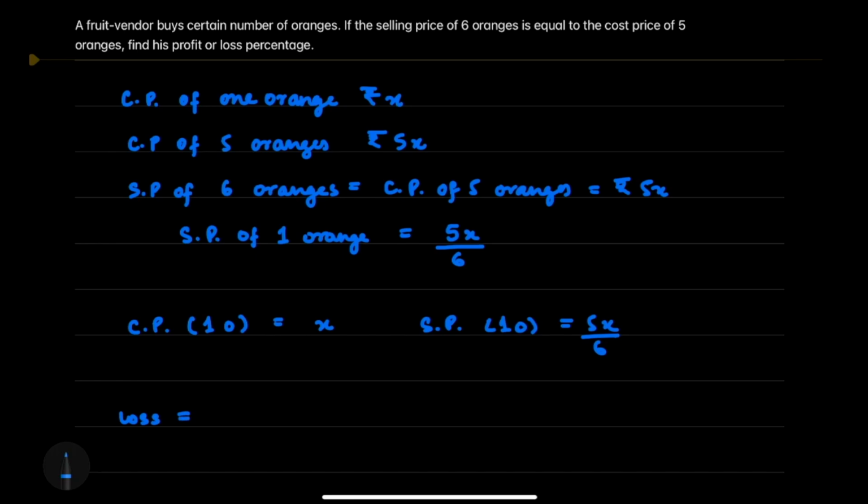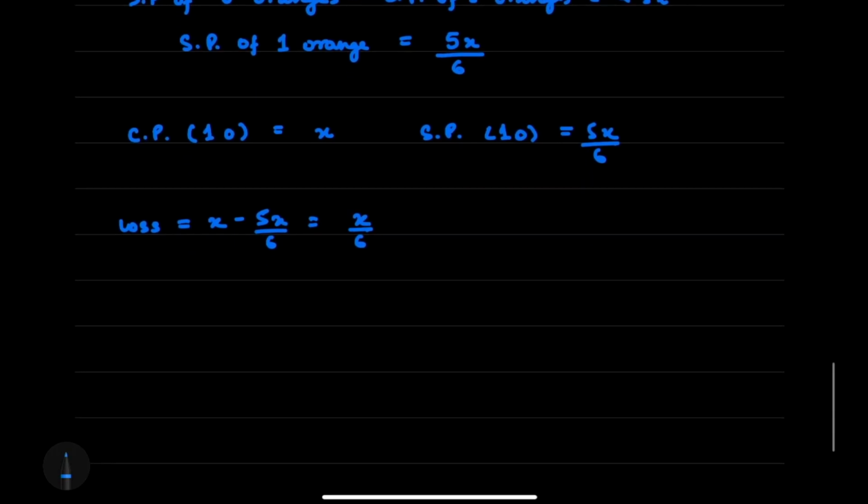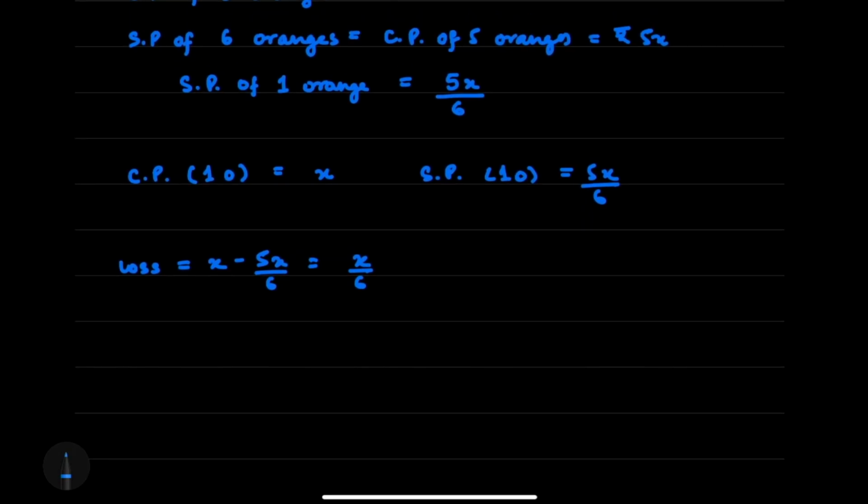So the loss is x minus 5x by 6, which comes out to be x by 6. Now we'll find the loss percentage, which is going to be the loss over cost price into 100.